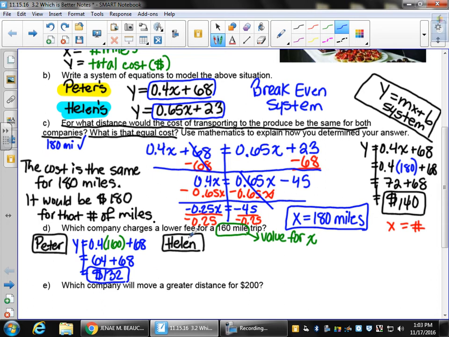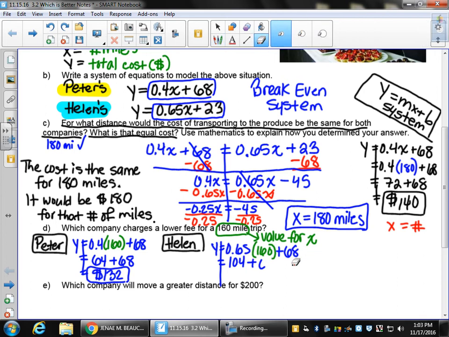Let's figure out Helen. Helen, y equals 0.65 times 160 plus 6. Oops, I made a mistake. This is not plus 68. 0.65x plus 23.